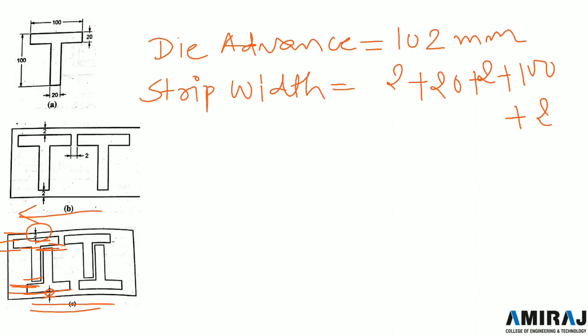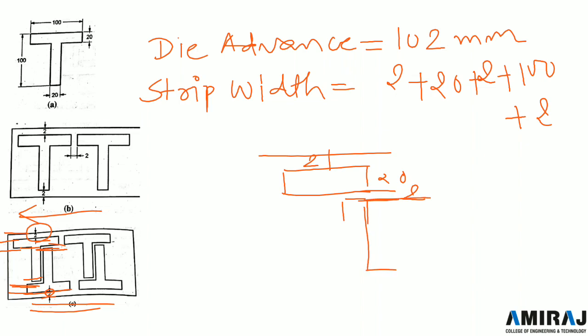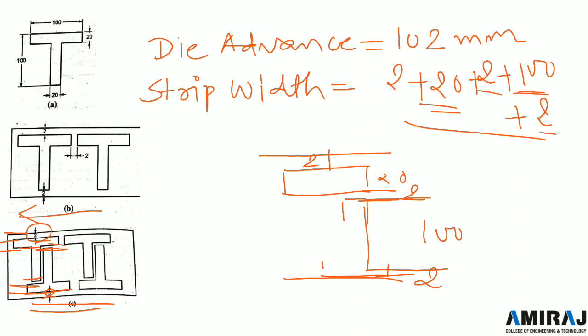So you can see there is the front end over here with 2 mm of clearance, then 20, then for the second part another 2 mm clearance, this part is a total of 100, and another 2 mm of clearance at the bottom. So it will be 2 plus 20 plus 2 plus 100 plus 2.